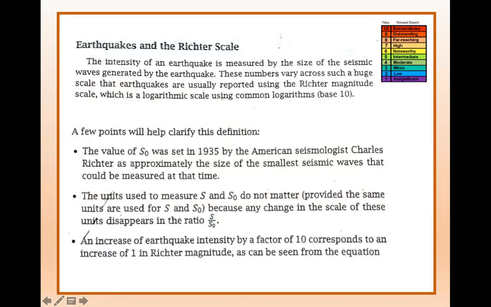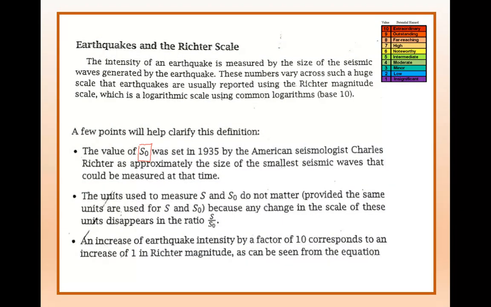So there are a few different applications that we're going to focus on. One of them is related to earthquakes and the Richter scale. As you may know, the intensity of an earthquake is measured by the size of the seismic wave that's generated by that earthquake. The value S sub 0, which you see in the formula, was set in 1935.